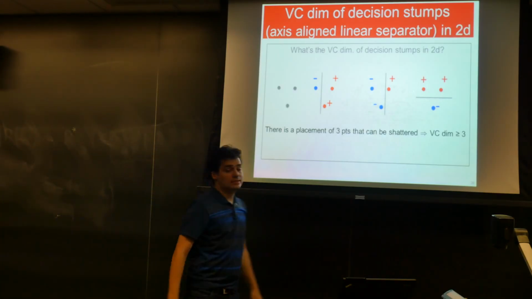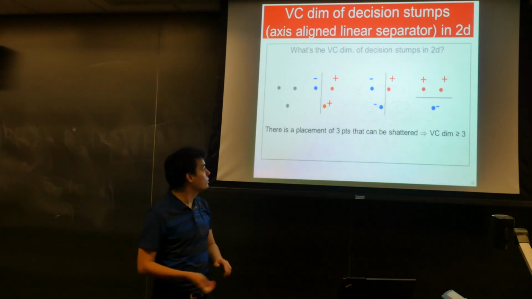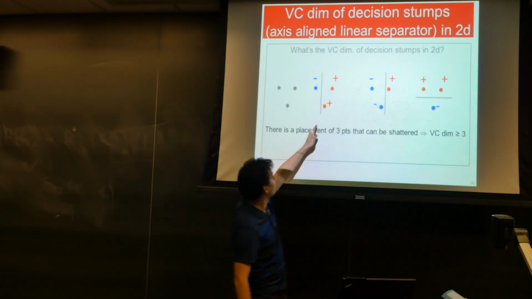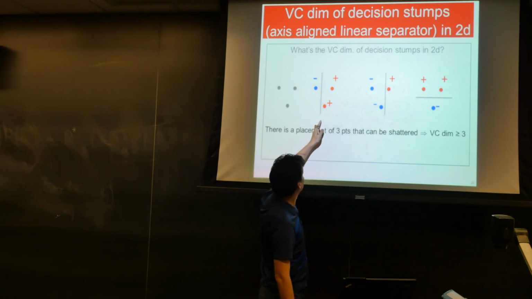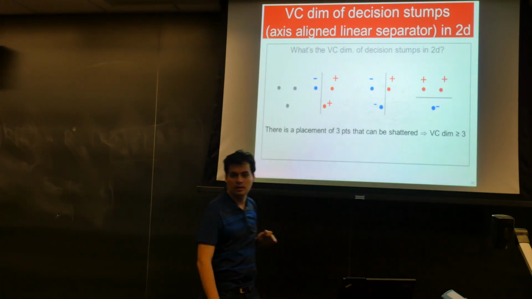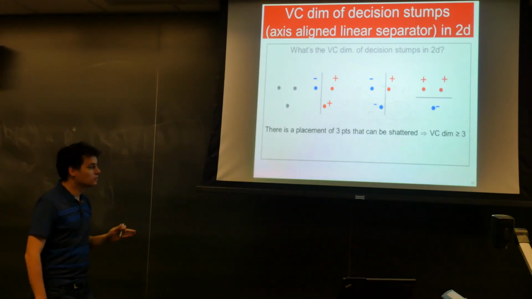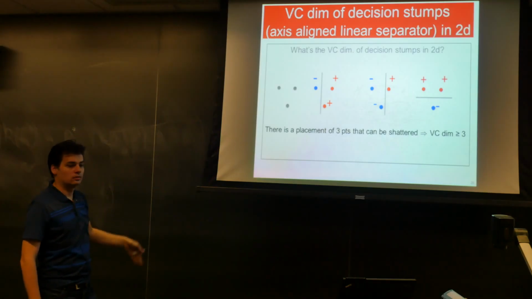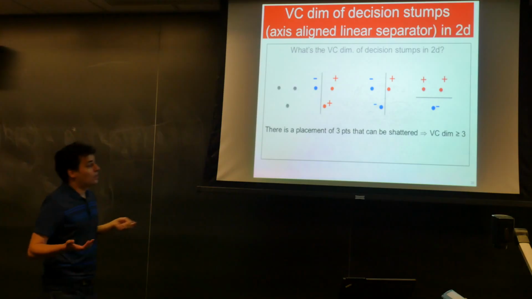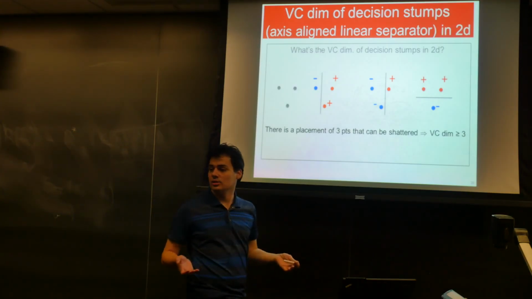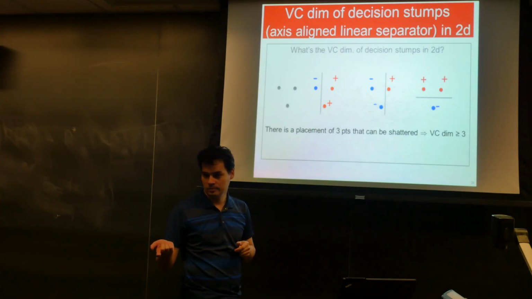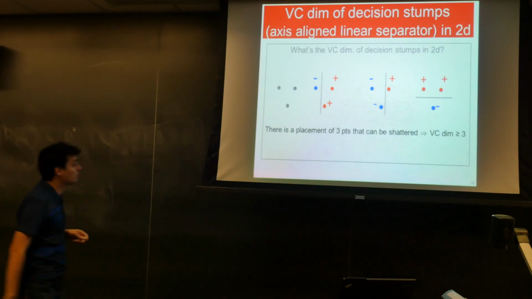And instead of linear classifiers, let's just use decision stumps, which means that your decision lines could be either vertical or horizontal only. So that's your function class, either vertical or horizontal straight lines. And then the question is, what's the VC dimension of this function class when the dimension of your domain is 2? Okay, so let's think about this.